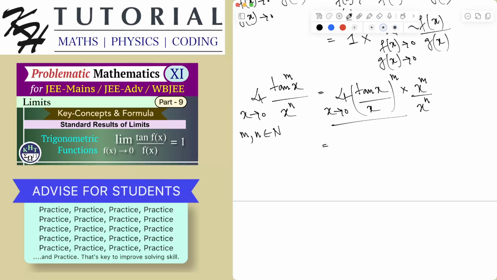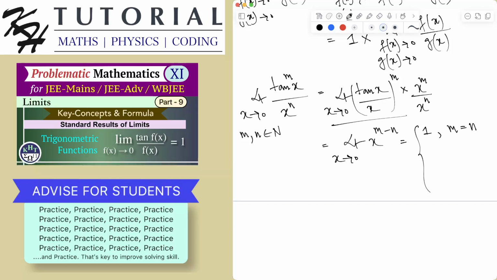So this is equal to the limit x tending to 0 of x to the power m minus n. This will be equal to 1, exactly 1, not tending to 1, when m is equal to n, because if m is equal to n, m minus n is 0, and x to the power 0 is always exactly 1.